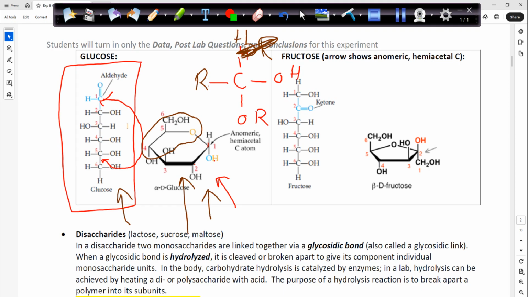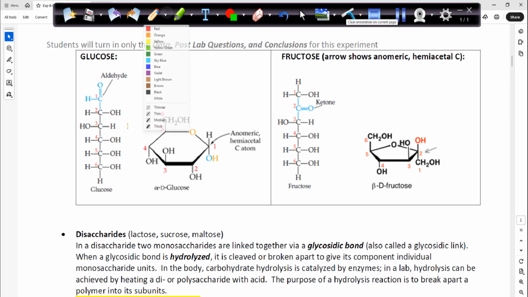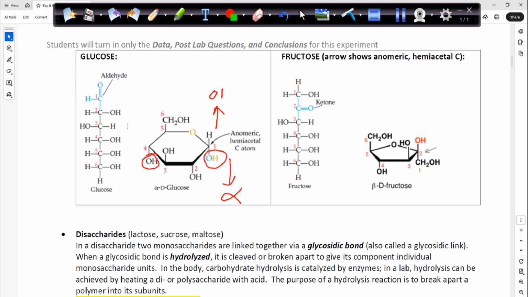Now the important thing is to know the OH at number 1. Let me take this one out. I have to know the exact position of this and this. Okay? Down is alpha. If the OH is up, that's beta. Alpha is OH down. So that's the first thing. Okay, guys?